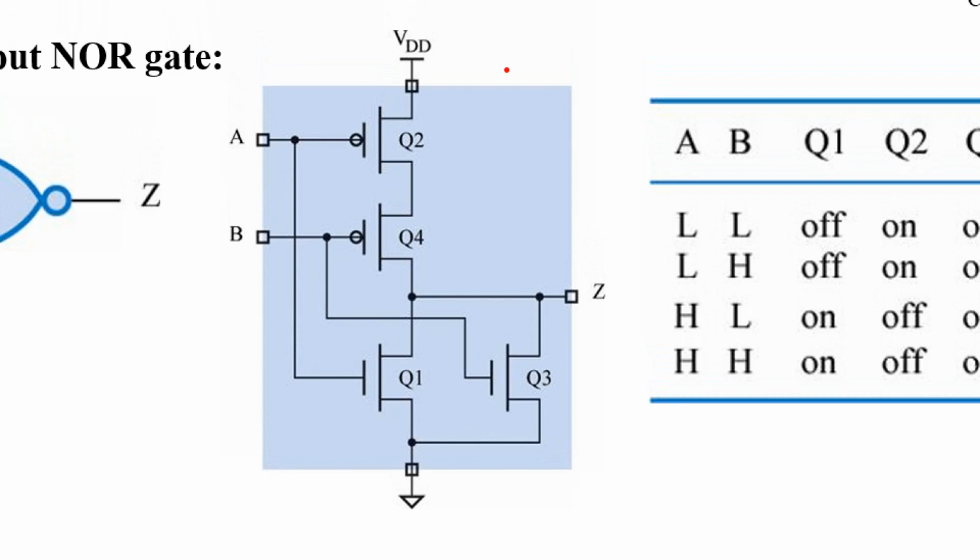If I want to analyze the function of this circuit, what should I do? A and B, 2 bits, so there are just 4 possible values. For example, let me apply 0, 0 here, or low, low here. Now let's consider which transistor turns on and which one turns off.